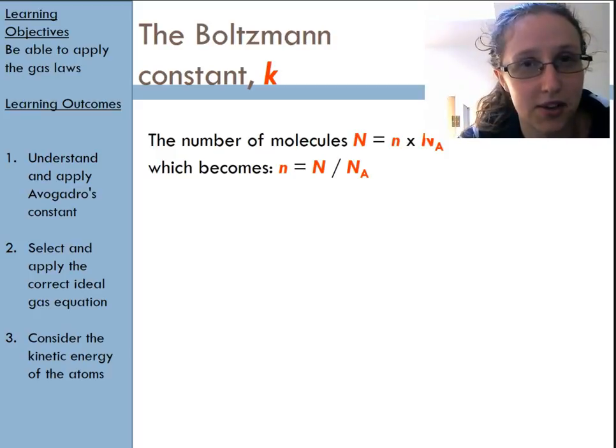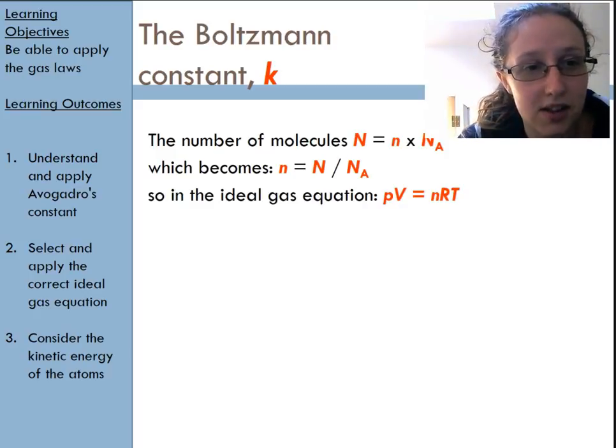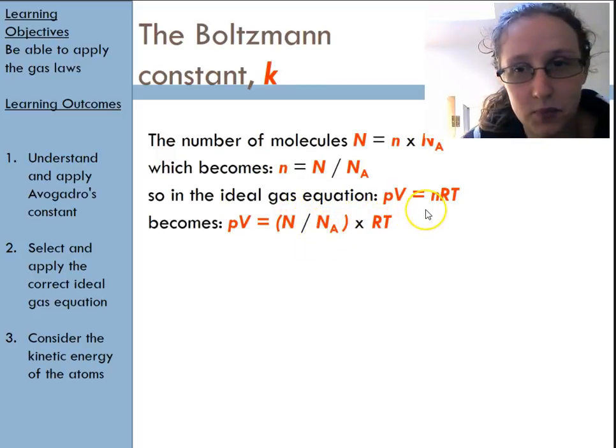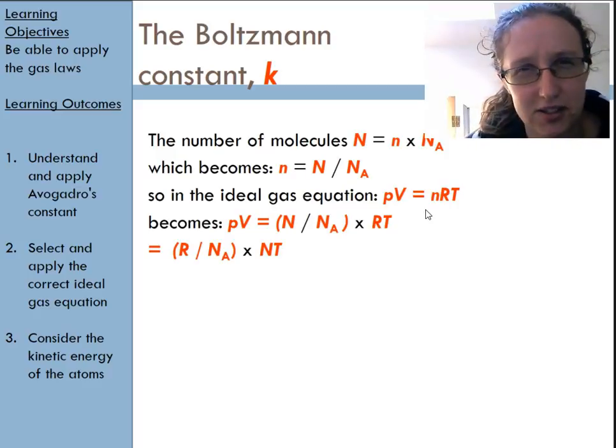Shouldn't be anything too horrific yet. We know that the ideal gas equation is PV equals nRT. I'm now going to plug this rearrangement into the equation, which gives me PV equals the number of molecules divided by Avogadro's number, times RT.